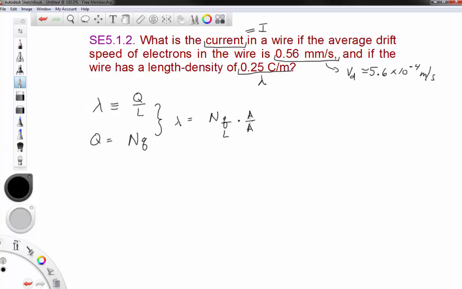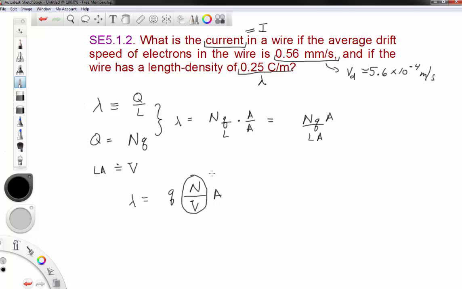What that gets us is N times Q times A divided by L times A. And L times A, length times area, is by definition volume. So put all this together, and lambda is equal to Q times N over V times the area.